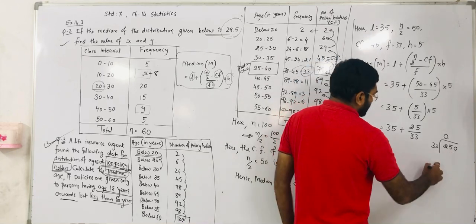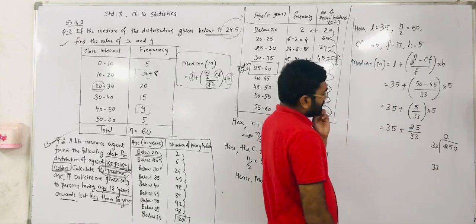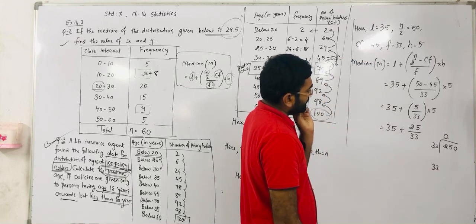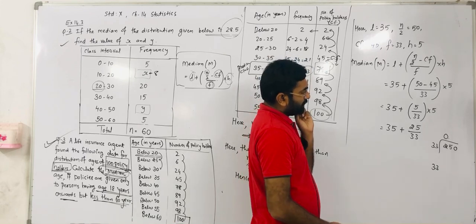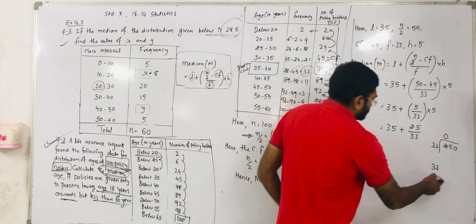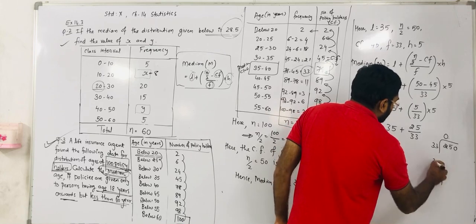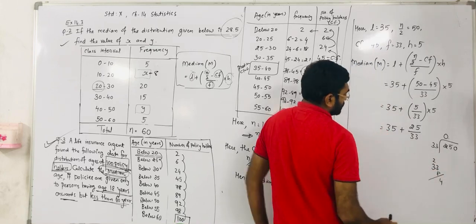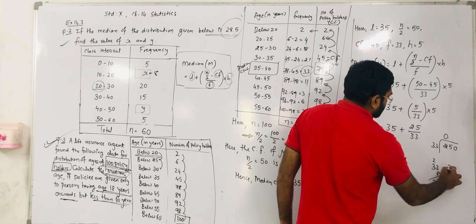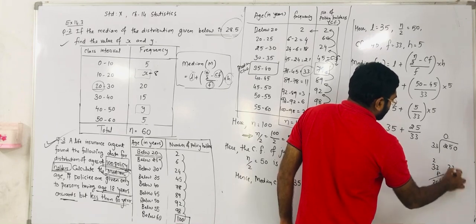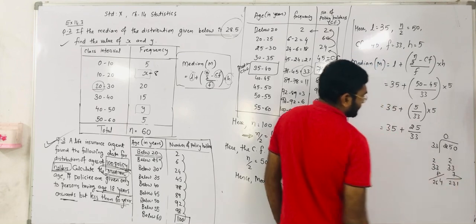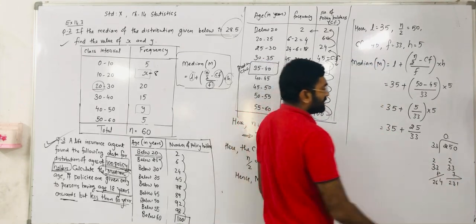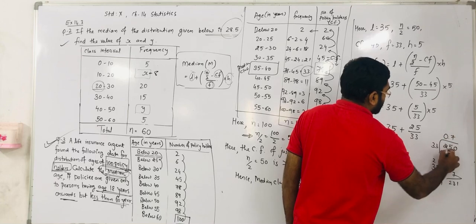33 threes are 99... 33 sixes are 198, and 33 sevens are 231.